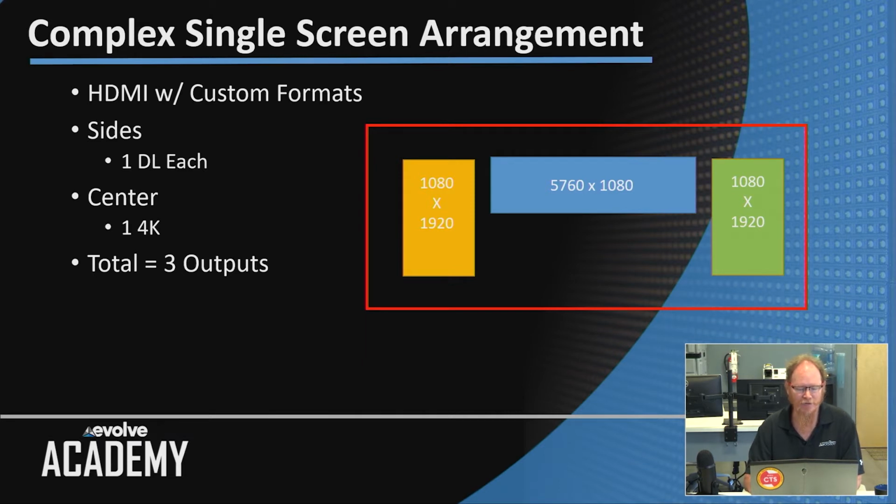And then the center goes from needing 2 4K outputs to needing 1 4K output. So we go from 4 connectors to 3, and even though the sides are now coming out as dual link, you don't need 4K senders any longer. So you can do this with other processors that are less difficult to find, less expensive if it's an install.